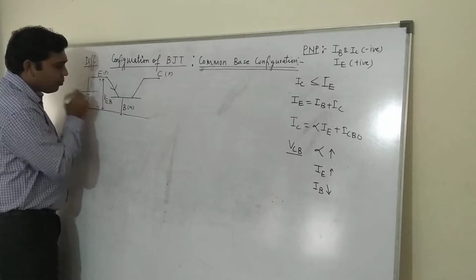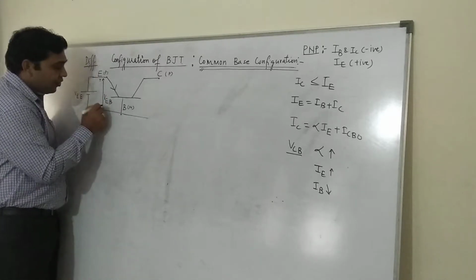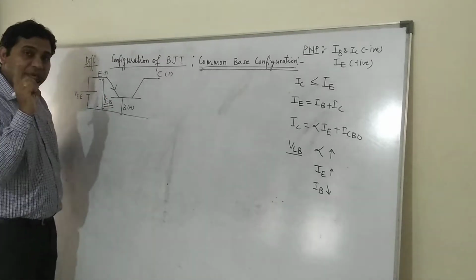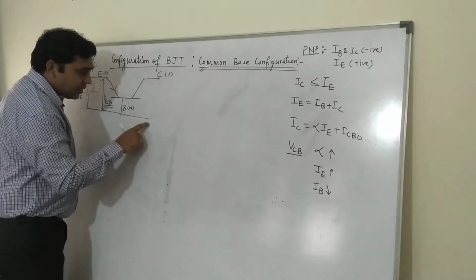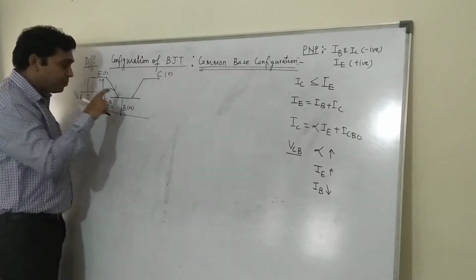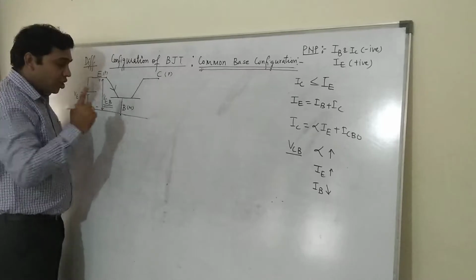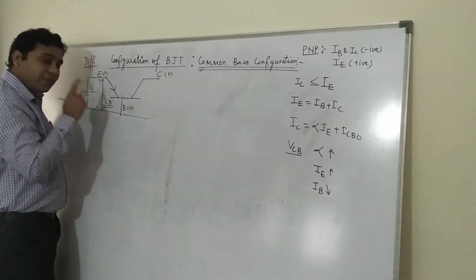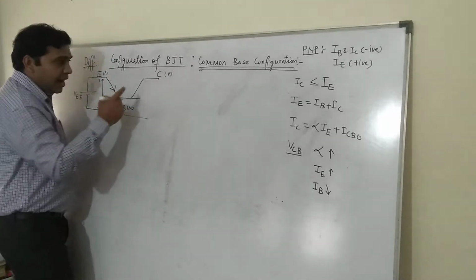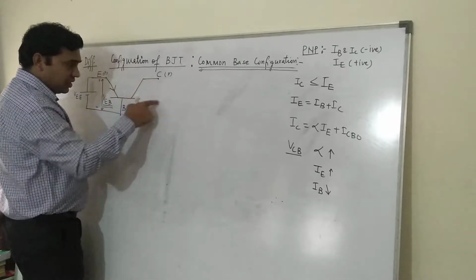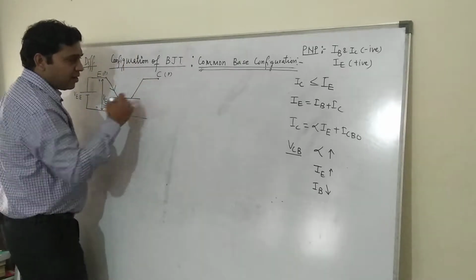This is very, very important: I am taking VEB here, not VBE. Whatever the common terminal is, we measure the voltages with respect to that terminal. So if the base is common, we always take VEB. And here we need reverse bias.